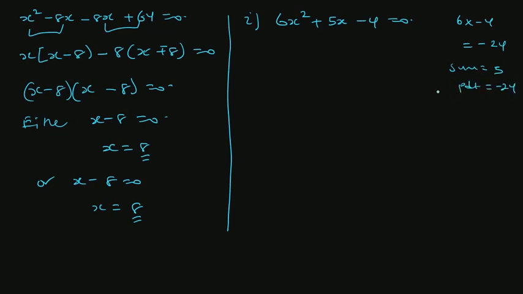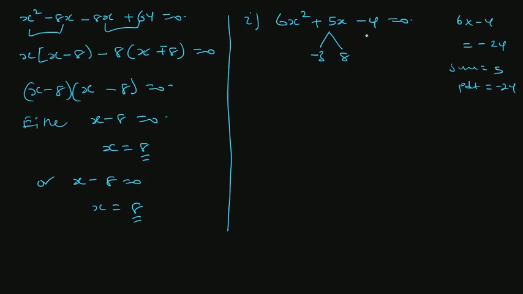Which numbers are those? Those numbers are negative 3 and 8. When we add negative 3 plus 8, we get 5. When we multiply negative 3 times 8, we get negative 24. So that's what we wanted. Note this: when the coefficient of x squared is not 1, first multiply it with the constant term.